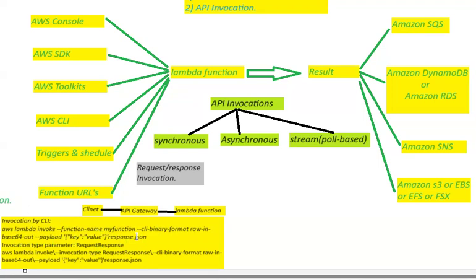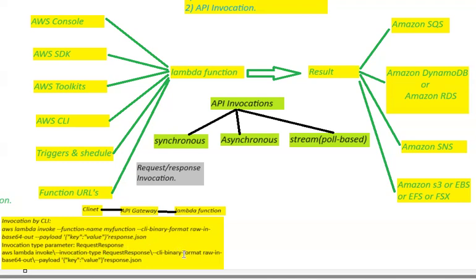So this is one way to invoke your synchronous API invocation. And the other way is by using the invocation type parameter. Here you can see invocation type. By using this parameter, you provide the invocation type as RequestResponse. You're writing the same code, that is aws lambda invoke, and invocation type is RequestResponse.